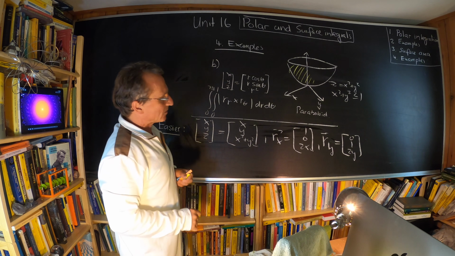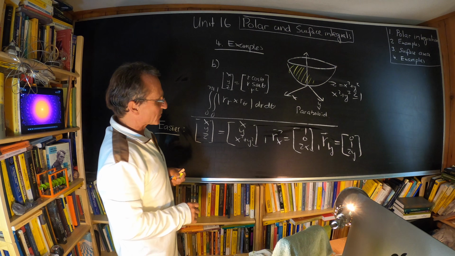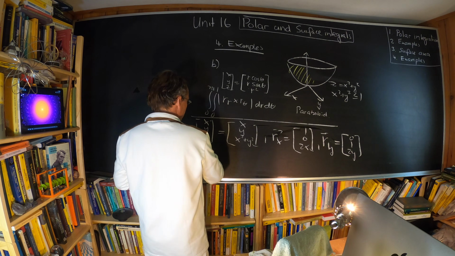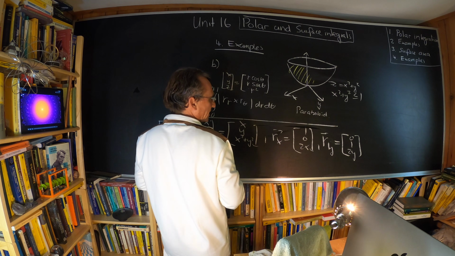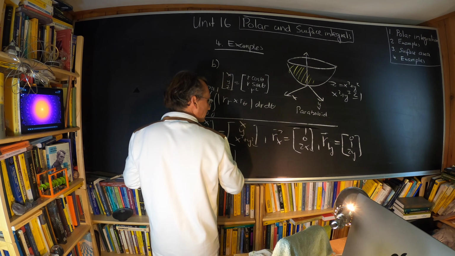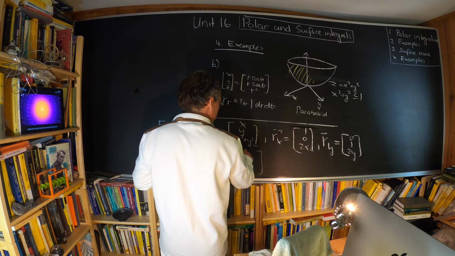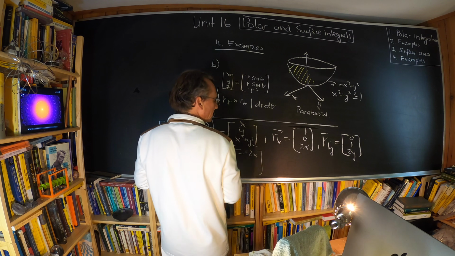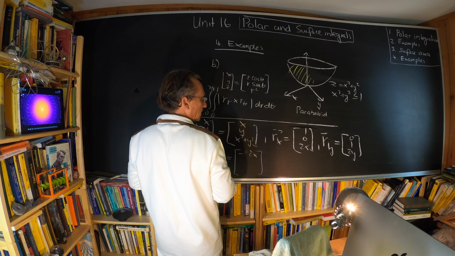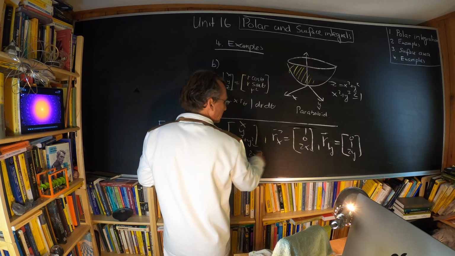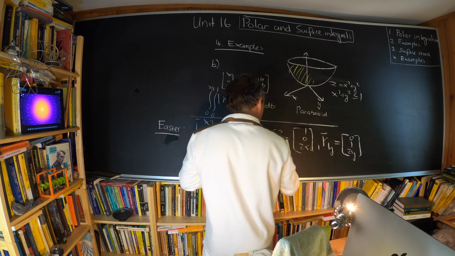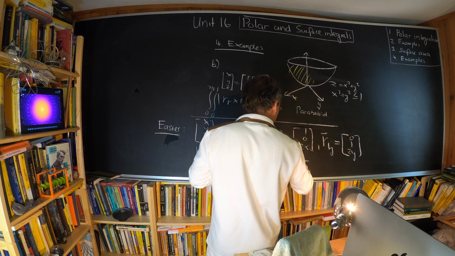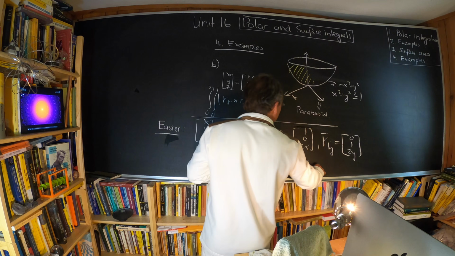Now if you take the cross product R_x cross R_y, you get minus 2x in the first component, minus 2y in the second, and 1 in the third. So the length of this is the square root of 1 plus 4x squared plus 4y squared.